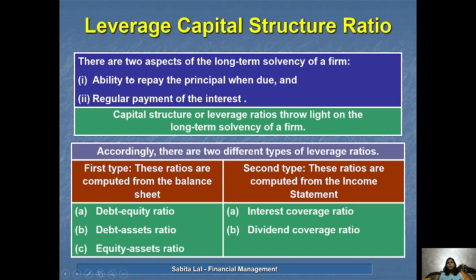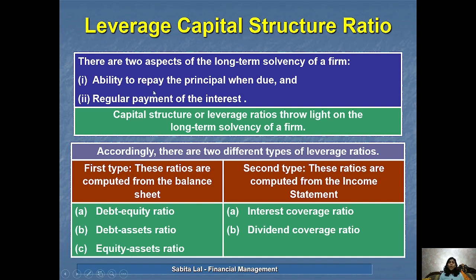There are two aspects of the long-term solvency of a firm. First, the ability to repay the principal when due, and regular payment of the interest. When you are making your income statement, sales less variable cost gives your contribution, less fixed cost gives your EBIT, earnings before interest and tax.